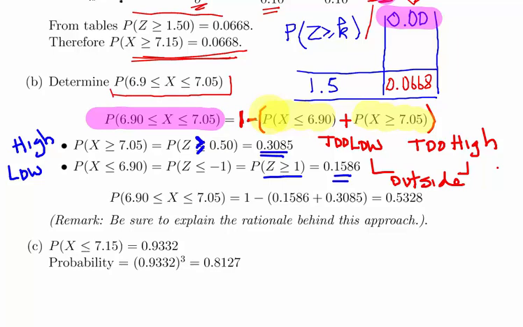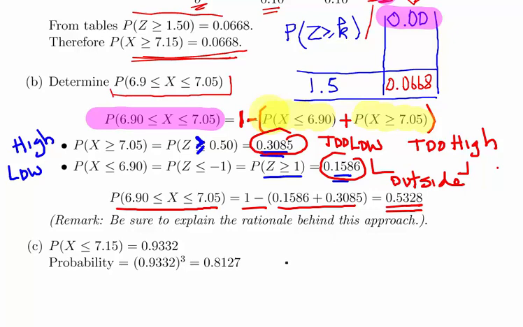So these are my two key values: too low for the interval and too high for the interval. The probability of being inside the interval is the complement of being outside the interval, and the probability of being outside is too high plus too low. So I add those two numbers together, take 1 minus that, and I end up with 0.5328. That is the answer to part B.